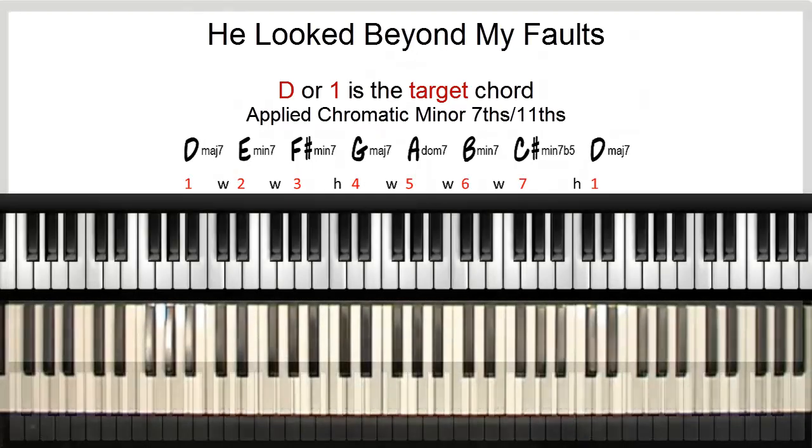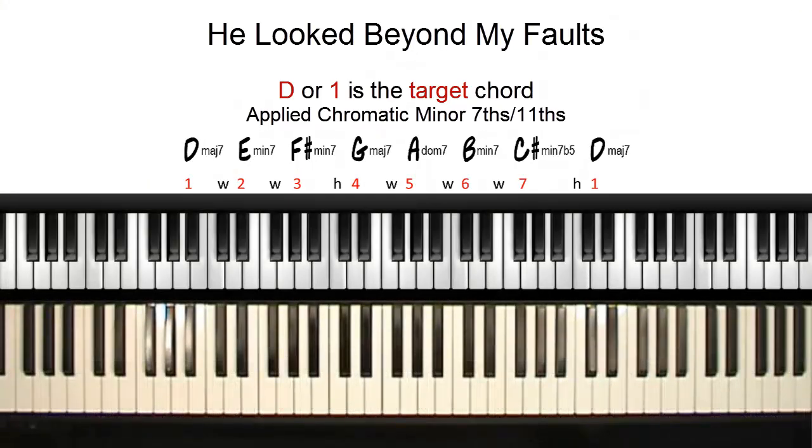In this example, I'm going to apply the chromatic chord progression to the song, He Looked Beyond My Fault. The song traditionally starts with a series of diminished chords, so it would sound like this.